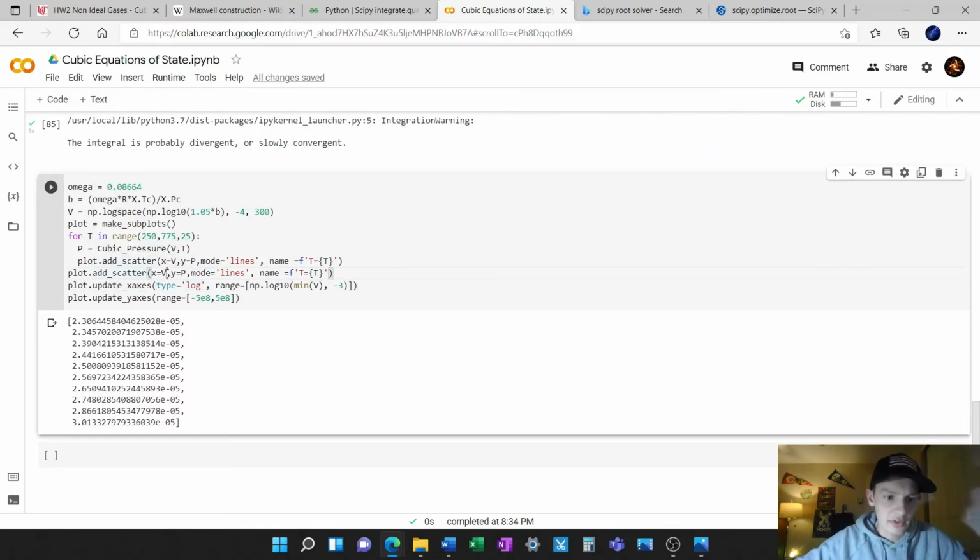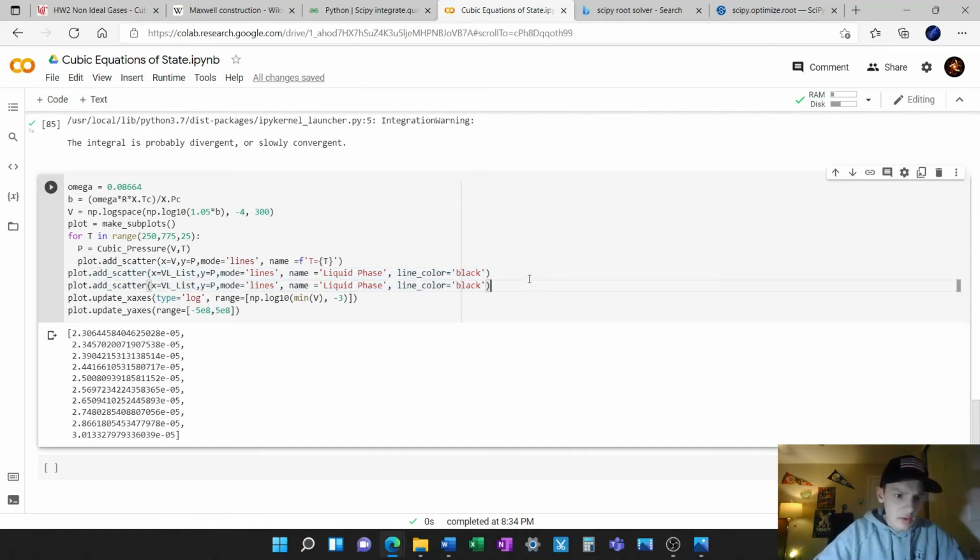This time our x is going to be our list of volume values. And let's do a name for this, so we'll do liquid phase. And then we'll do line color, and let's make this black. We're going to do the same thing for the gas volume in our vapor phase.